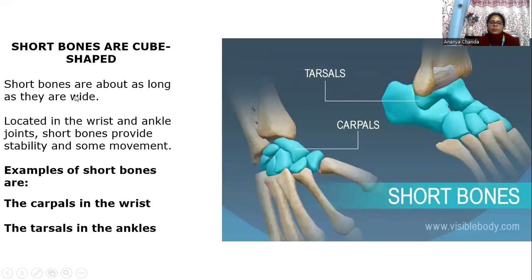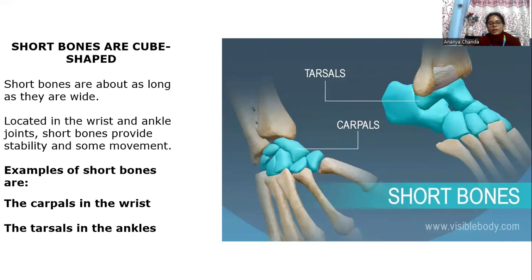Then come the short bones. They are cube in shape, and the short bones are present in the hand and the feet. The hand bones are known as carpals, and the feet bones are the tarsals. The short bones are about as long as they are wide, located in the wrist and ankle joints.